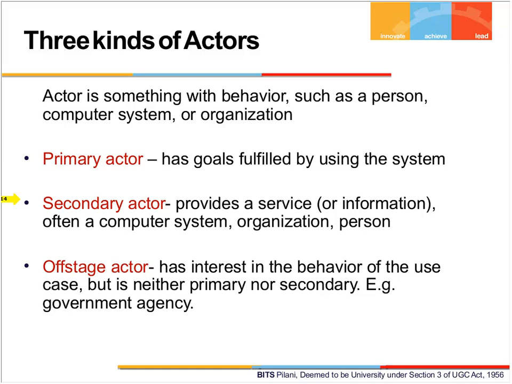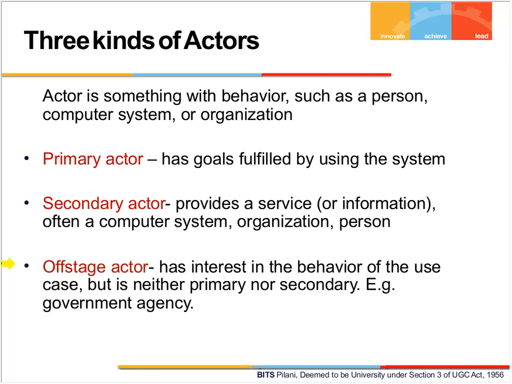The reason we do identify a secondary actor is that this secondary actor also acts as a stakeholder. He has interest in the system, he is an important stakeholder and provides certain services to the system, right? So this particular secondary actor is also represented. Apart from this, there is an offstage actor.